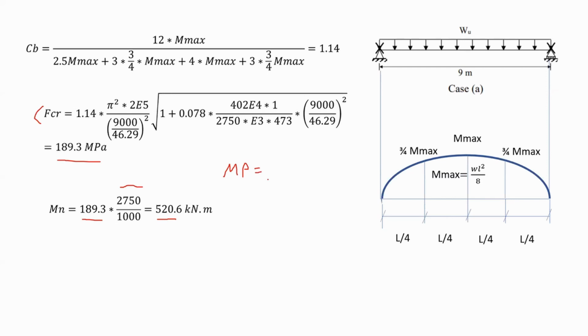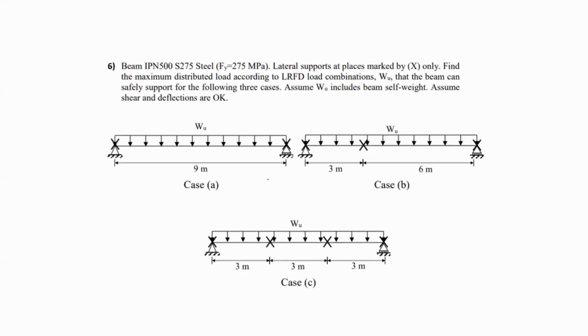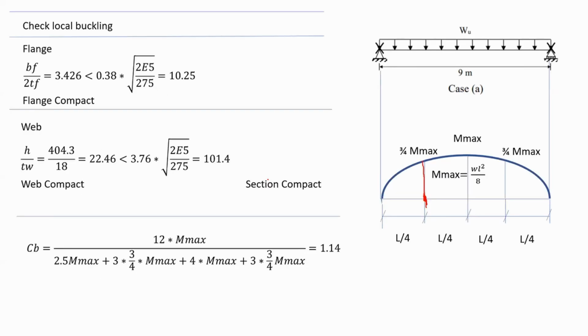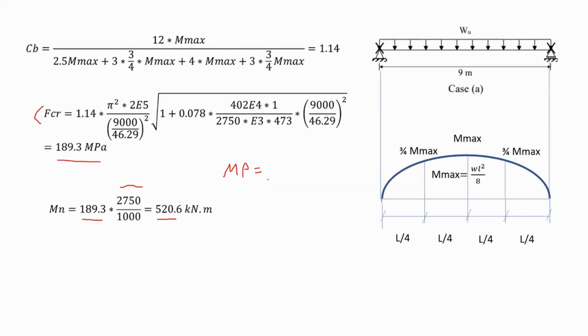I'm not sure if I calculated that in here. Seems like no. I didn't calculate MP in here, but anyway, the MP in this case is actually bigger than this value. Let's say it's actually 700. I'm not sure about this value.